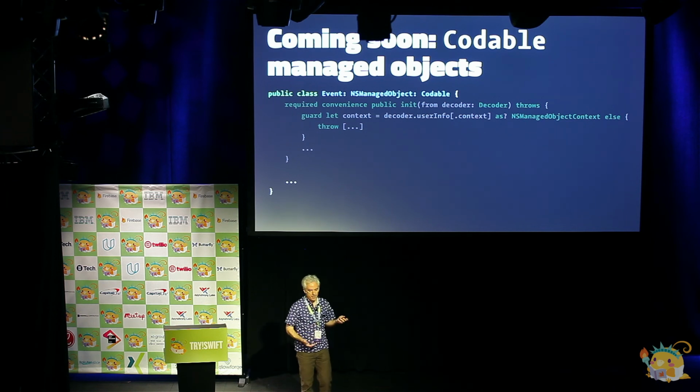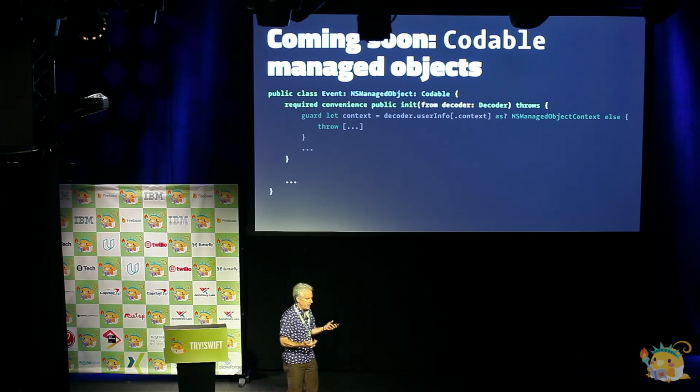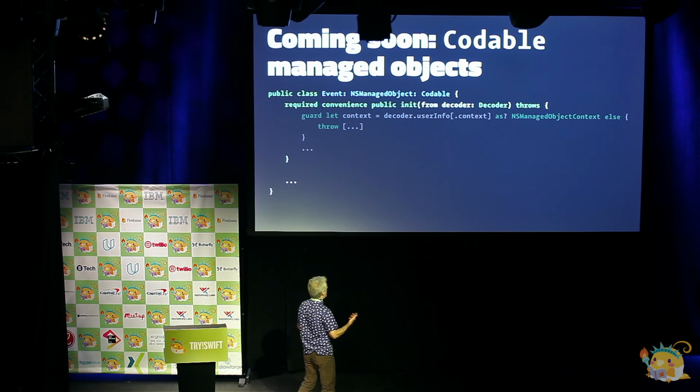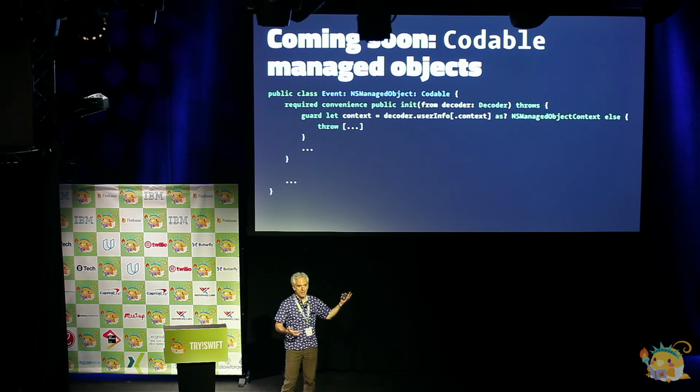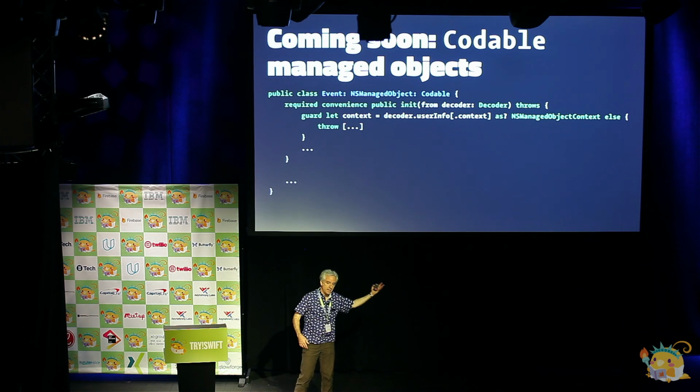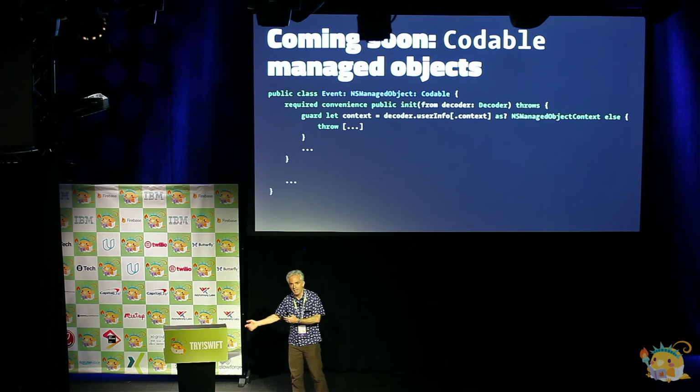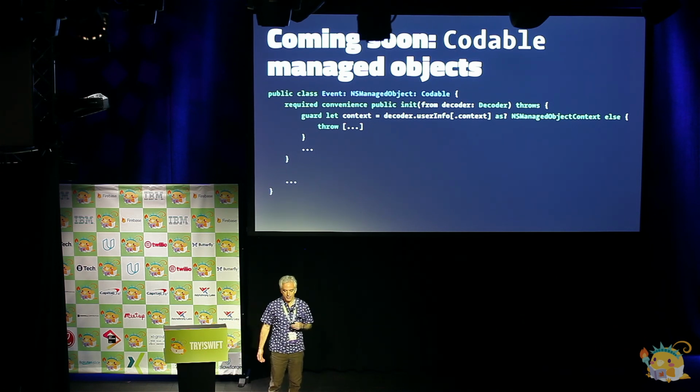You need to implement a custom initializer for Codable to work with this. And that's where the conflict comes in. But fortunately, Codable lets you pass in arbitrary user info objects, so you can do things like pass in your NSManagedObjectContext and then use that in your Codable initializer and get it to work right. There's still some thorny issues there, but it's something I really want to get in place. So one way or another it's going to be in there soon.